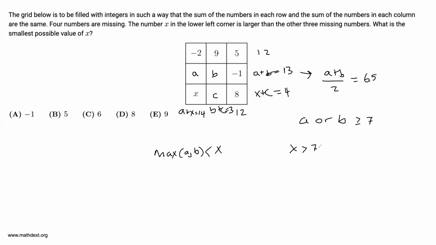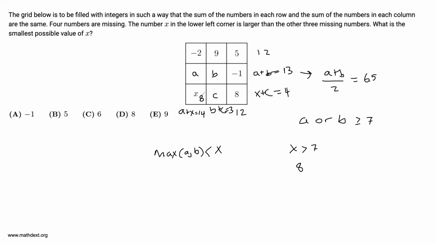X is greater than the maximum of A and B. So the smallest possible value of X could be 8. Now we need to actually make sure 8 works, or if 8 doesn't work and there's a larger floor. So let's just assume X is 8, because that's really what we're hoping happens. We are hoping X is 8 because we've narrowed it down to numbers that are 8 and greater.